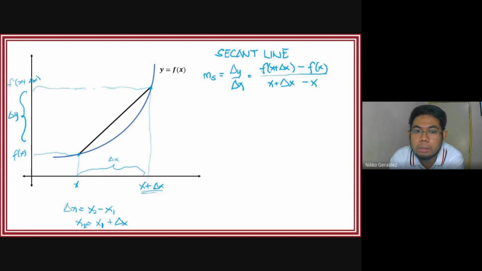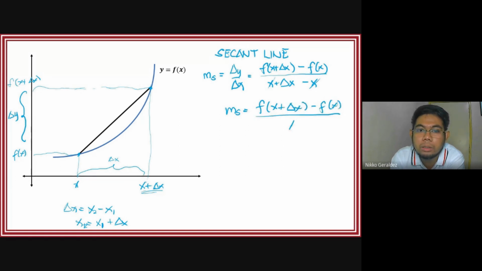So the slope of the second line is equal to f of x plus delta x minus f of x over delta x. That is the formula for solving the slope of a second line.